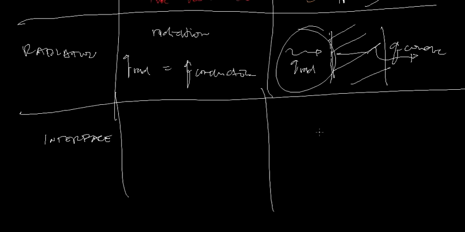For example, you have a series of walls, say wall A and wall B, and a certain condition is given at the interface.